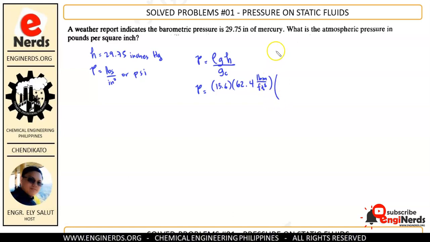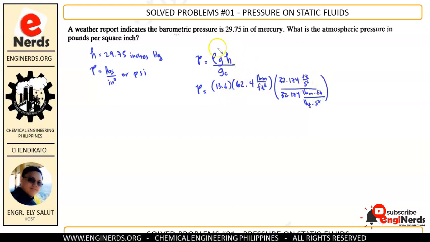So, unahin natin itong ating acceleration due to gravity, which is equal to 32.174 feet per second squared over our gravitational conversion factor, 32.174 pound mass feet over pound force second squared.